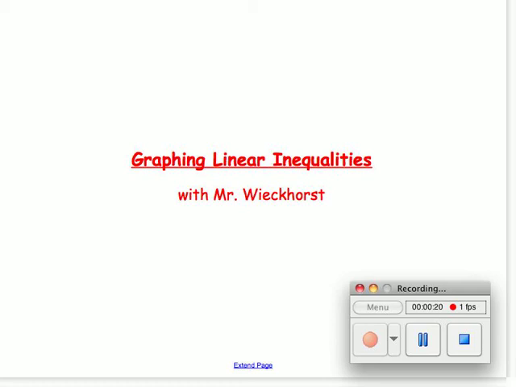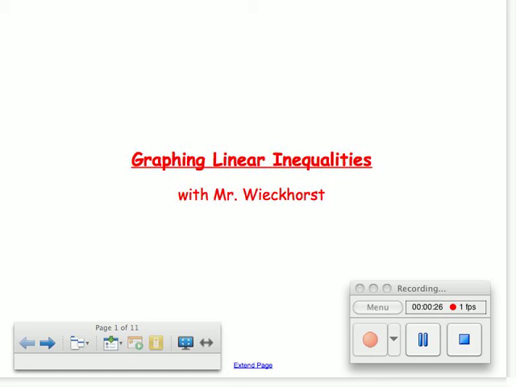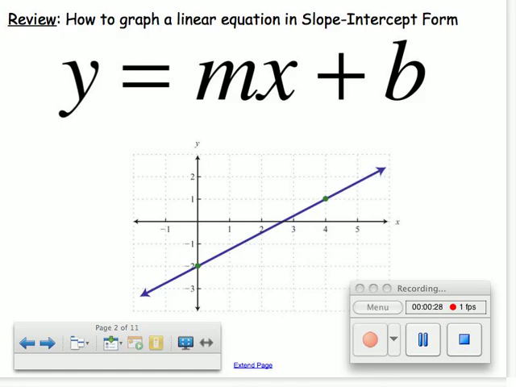What I'm going to show you today is how to graph an inequality on a coordinate plane. But before we do that, what I want to review with you is how to graph a line that is in slope-intercept form. You might recall that when a line is in slope-intercept form, it looks like y equals mx plus b, where m represents the slope and b represents the y-intercept.